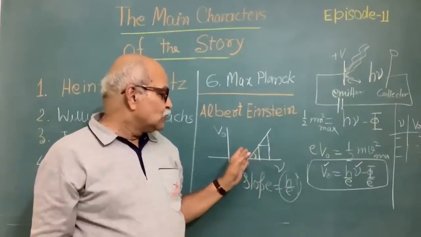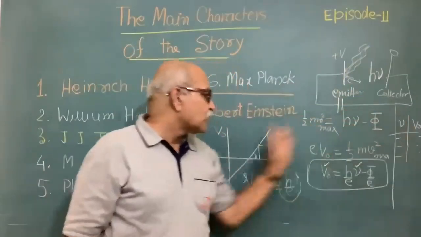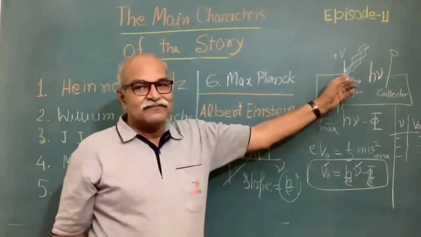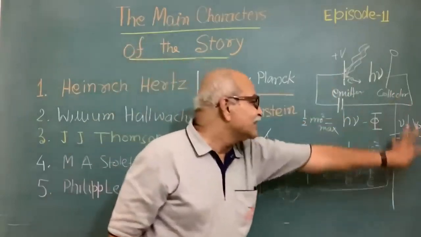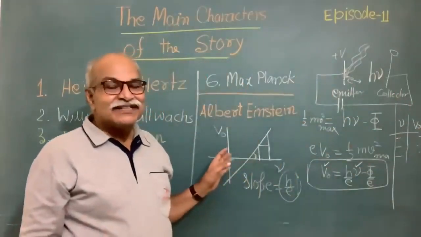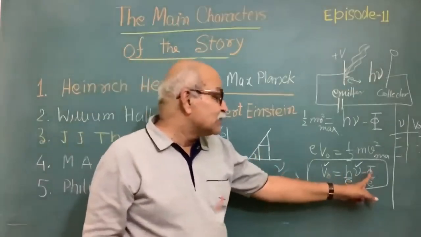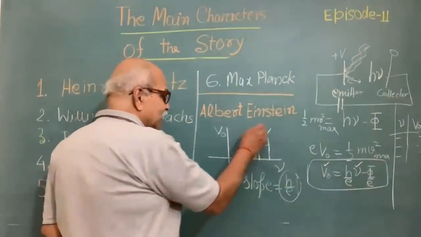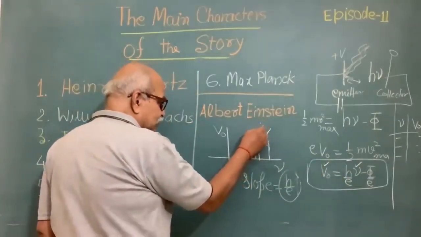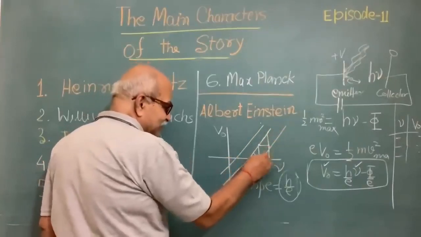So you can use different materials. For one material, you collect all those data and plot. Now you change the material. The work function is changed. Again, collect the data and plot. What will you see? The same slope. This intercept may be different. So you may have this kind of picture or this kind of picture.